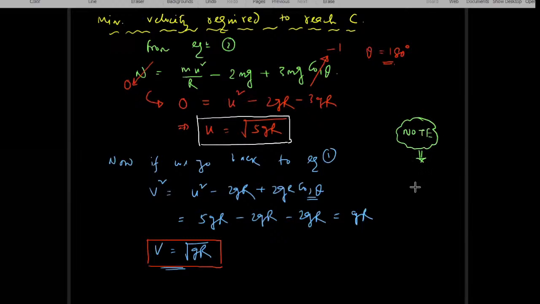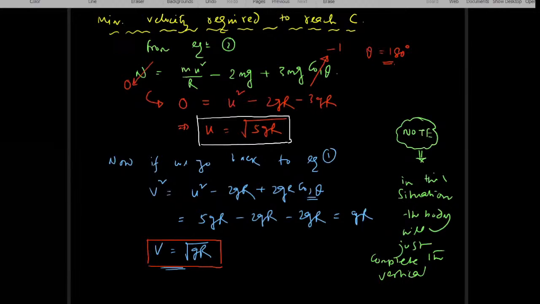The note is that in this situation, the body will just complete the vertical circular motion. Okay, so in this case the body will just complete the vertical circular motion. Okay, is it clear to everyone? Please respond.